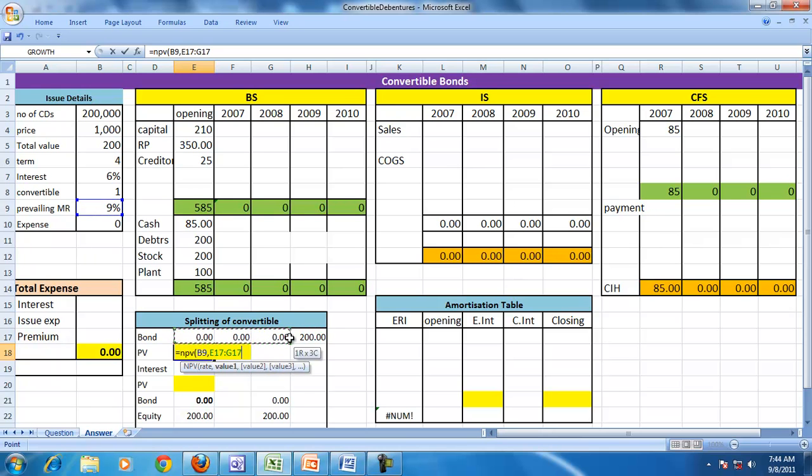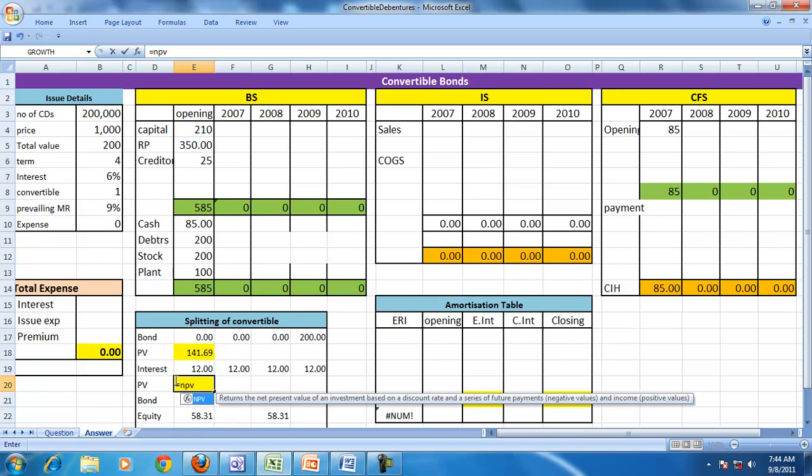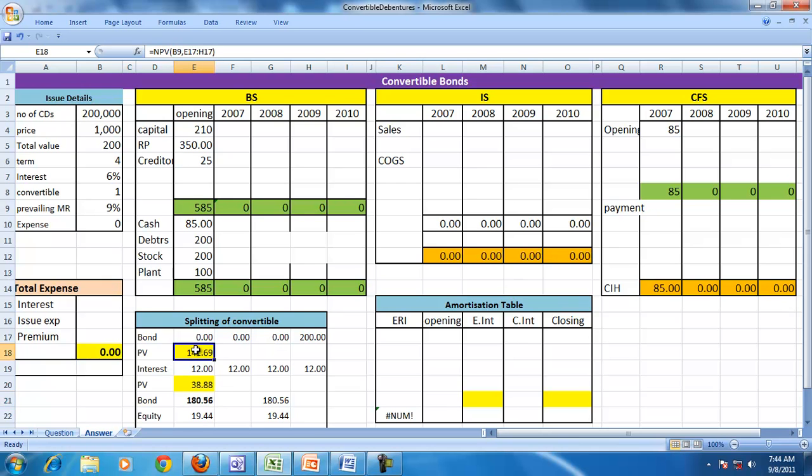The present value of the bond is 141, and the interest is calculated on the actual coupon of 6%. So interest for all 4 years is 12 million each year, and the present value of this interest, once again discounted at the rate without the conversion feature, will be 38.88. So the value of the bond is the PV of the bond and the PV of the interest, and the equity is the remaining balance.